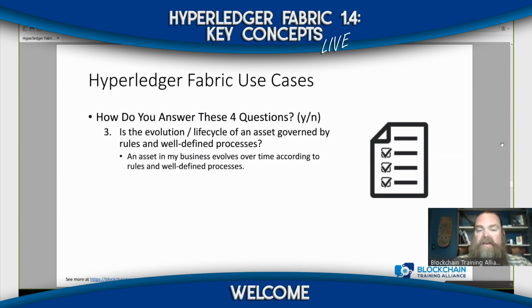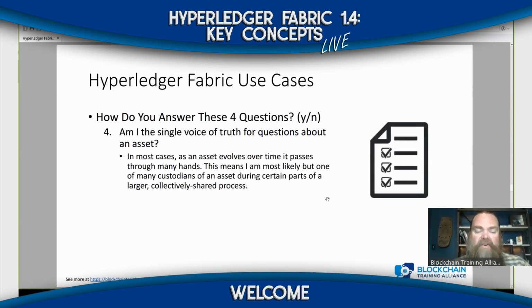If an employee submits an expense report, we could probably safely assume that one rule of that business process is that an expense report can never have a status of paid before it has a status of received. So again, in most cases, our assets don't just evolve randomly.